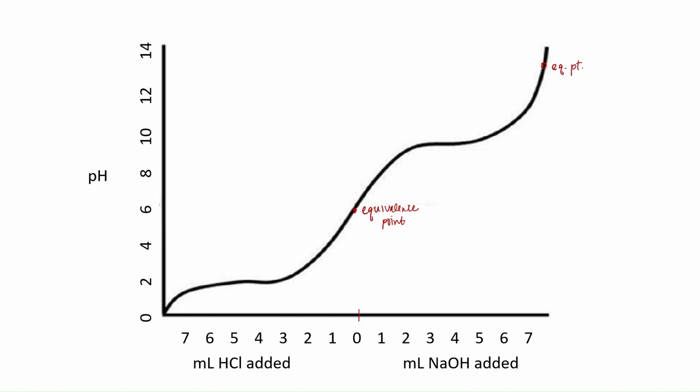Each one of those represents when your amino acid has fully, depending on which direction you're going, fully lost or fully gained all of the protons. So it's going to very quickly change pH because you no longer have a mixture of the protonated and deprotonated form. You only have one form or the other, and that causes that really dramatic change in pH.